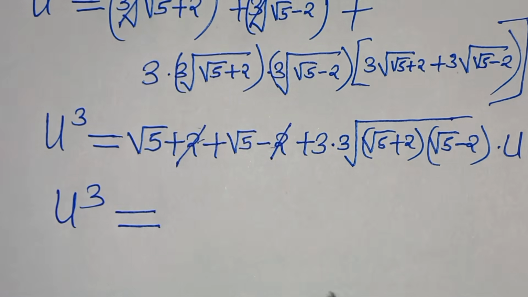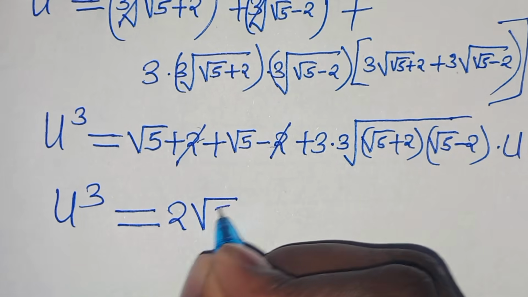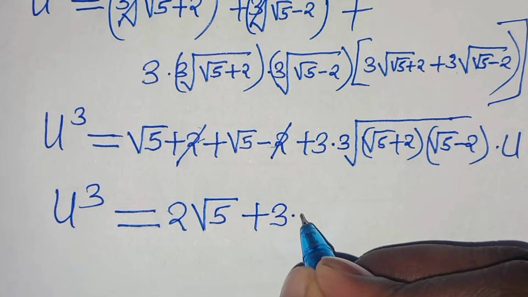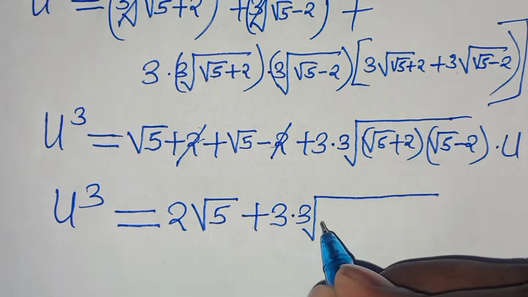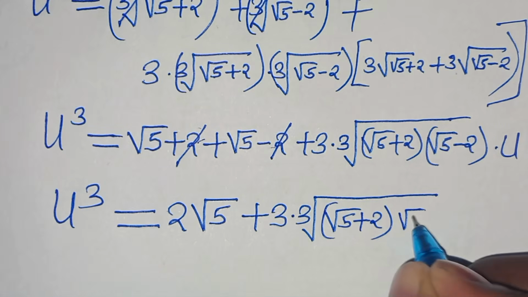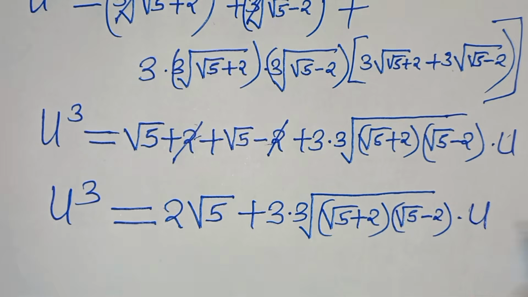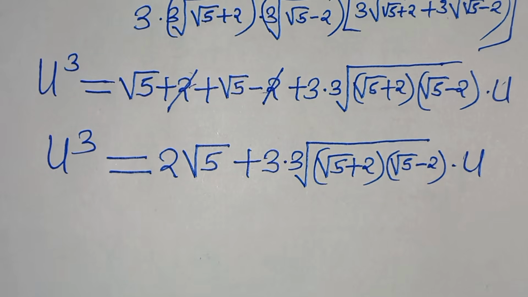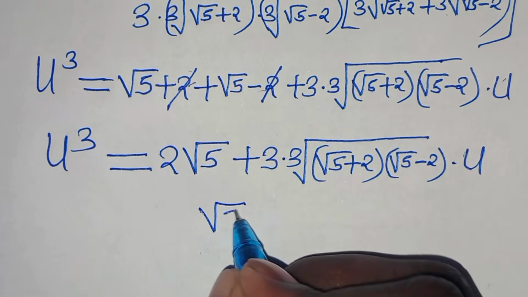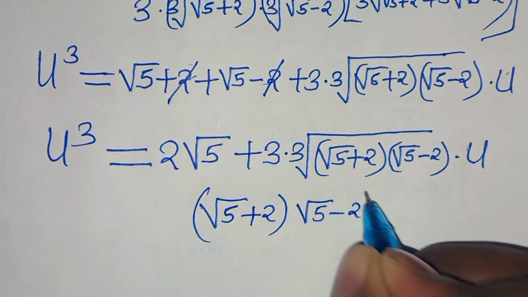This is equal to square root of 5 plus square root of 5, which is 2 square root of 5, plus 3 multiplied by the cube root of square root of 5 plus 2 multiplied by square root of 5 minus 2, multiplied by u. Now, the next step is that we have square root of 5 plus 2 multiplied by square root of 5 minus 2.